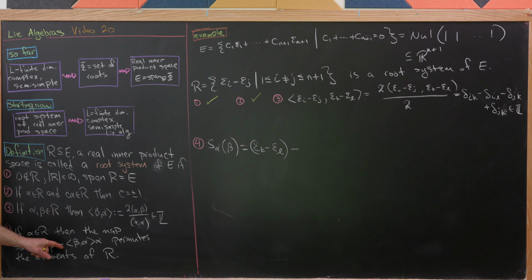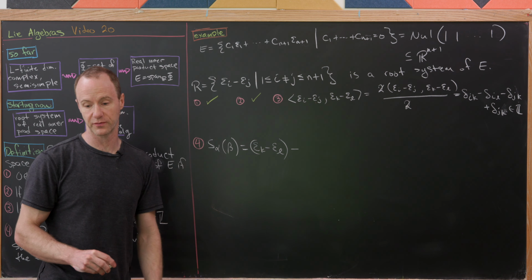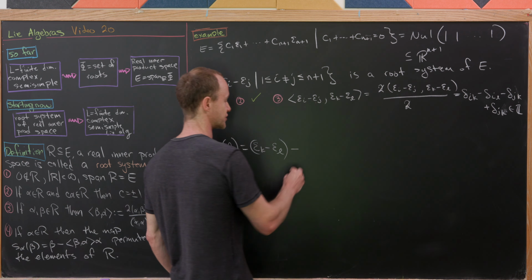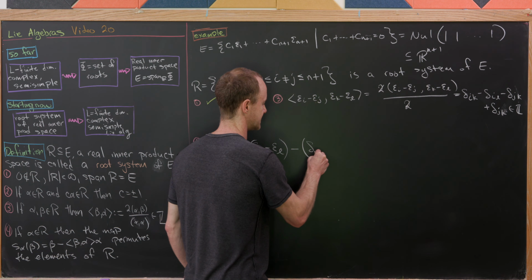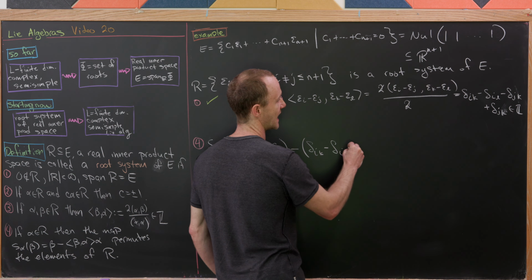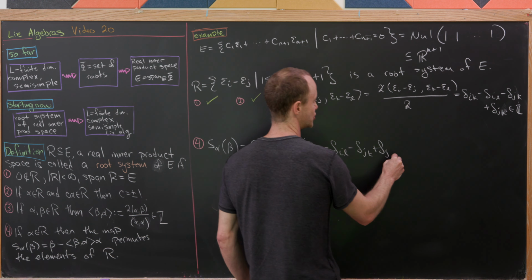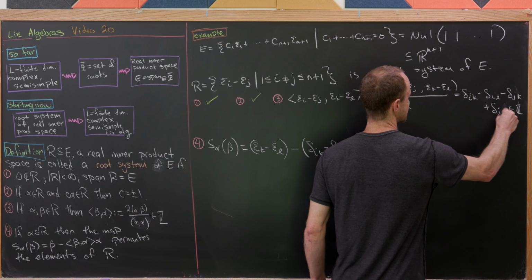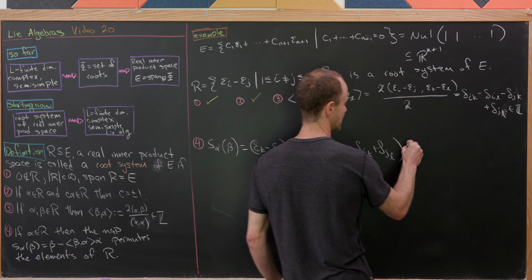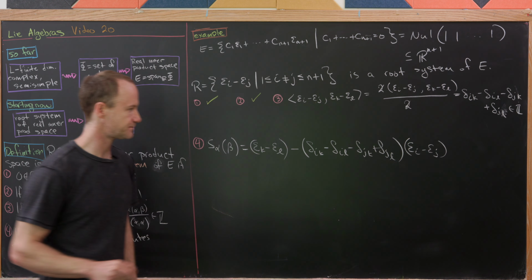And then minus, well, we're going to do this angle bracket of beta alpha in the alpha direction, but we calculated that angle bracket in this third part. So that's nice. We can just bring that down. So it's going to be minus delta_ik, and then inside of that, delta_il minus delta_jk, and then plus delta_jl will be that last one. And then this is in the epsilon_i minus epsilon_j direction.